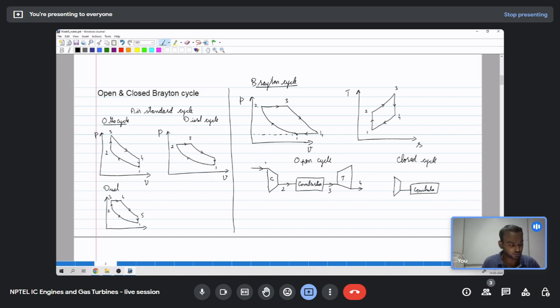For those working fluids which are precious, it has to be taken back. This is the compressor, this is the turbine. At state 4 it is taken to a heat exchanger to reject the heat and then given back to the compressor at state 1.